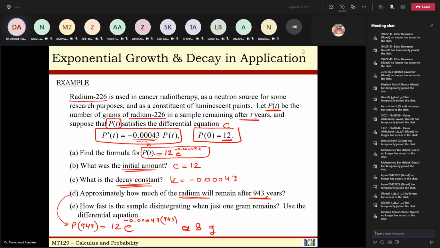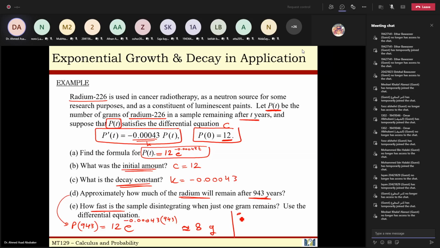Okay, this is number D. Number E, how fast or how rate? This is about the B prime sample when just 1 milligram.